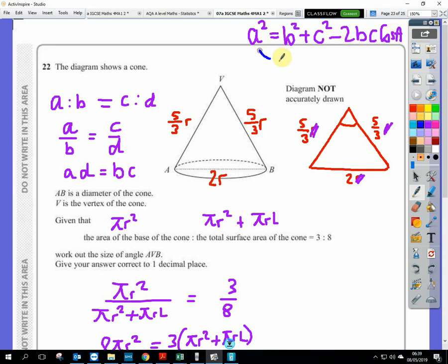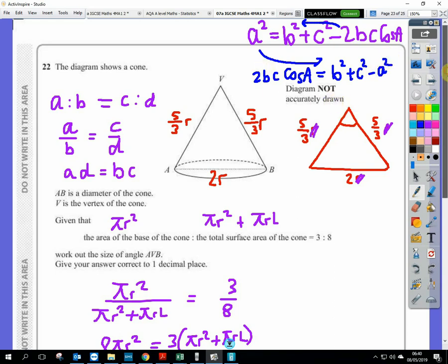So I'm going to shift the minus 2bc cos A to the left and the a squared to the right. And when you do that, you end up with positive 2bc cos A on the left equals b squared plus c squared minus a squared on the right.